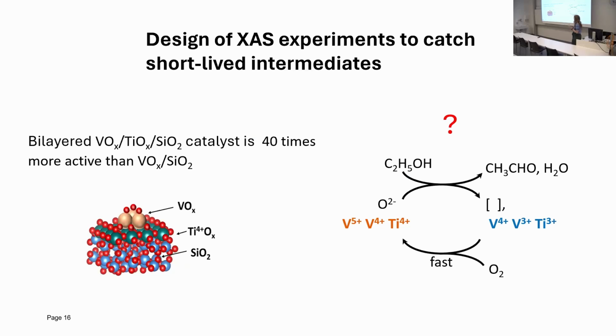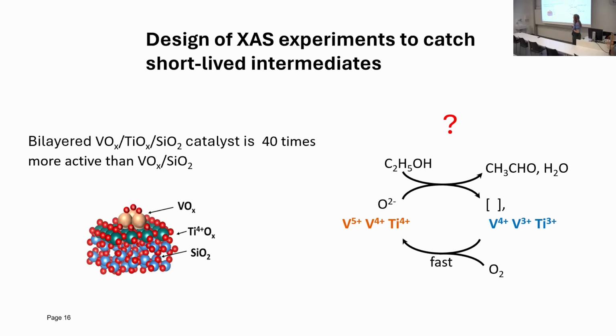For example, vanadium on titanium is quite difficult to study with X-ray absorption spectroscopy, to measure both elements with equal sensitivity, because these X-ray absorption edges are very close.